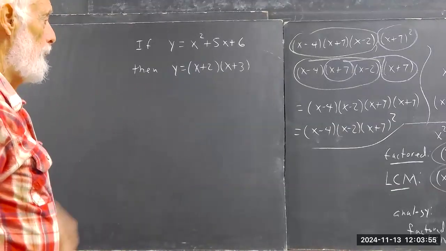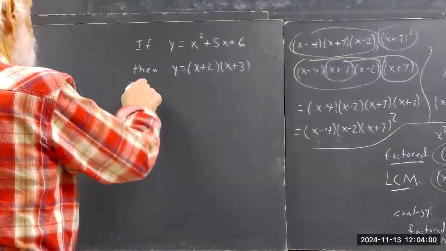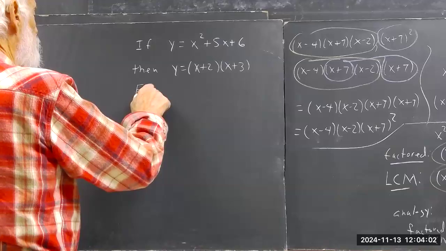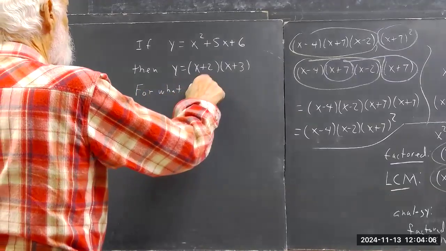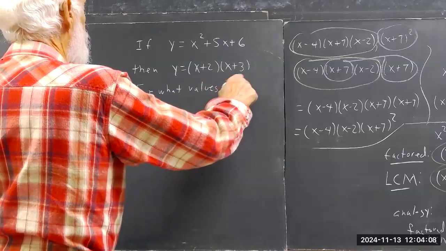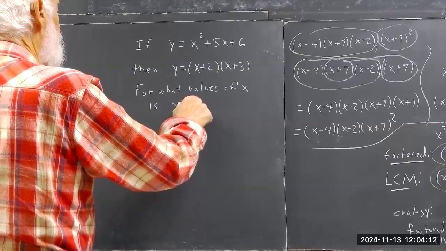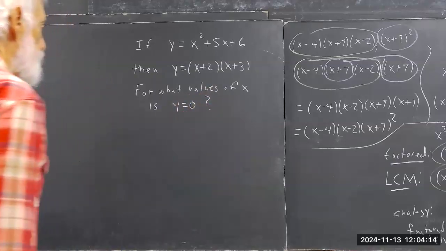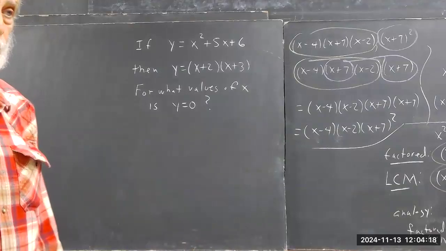A couple of big questions when you have something like this. What value of x gives you y equals 0?